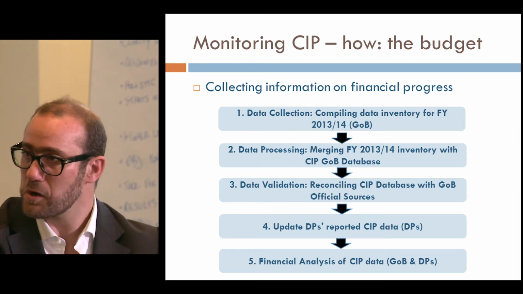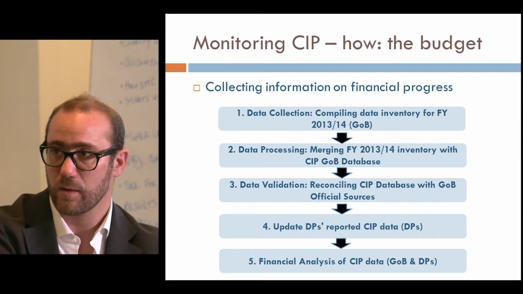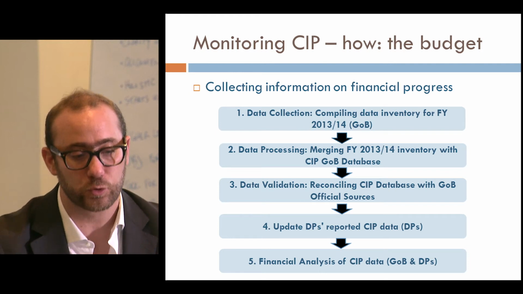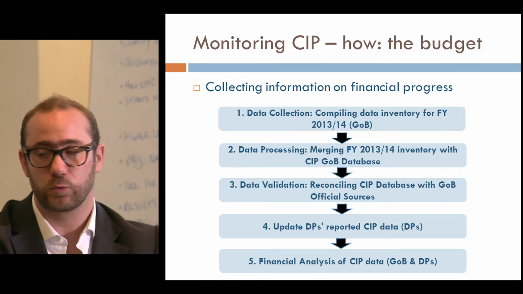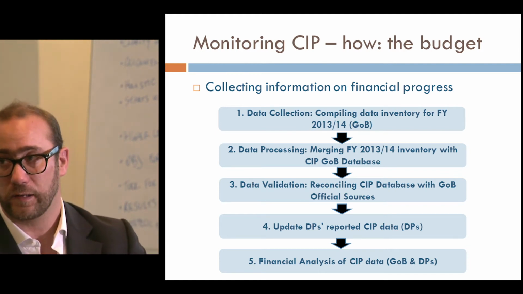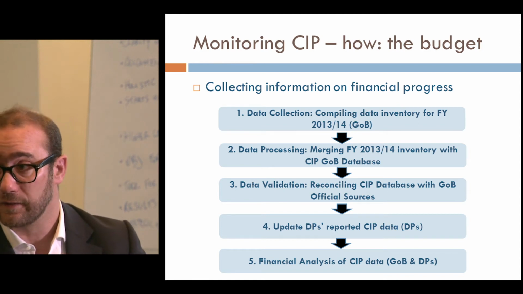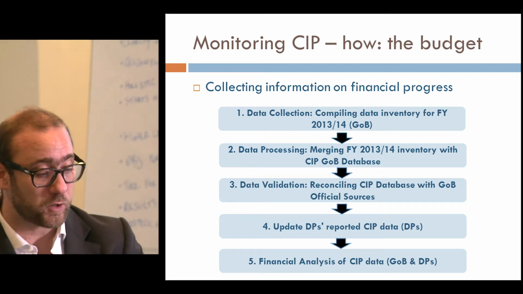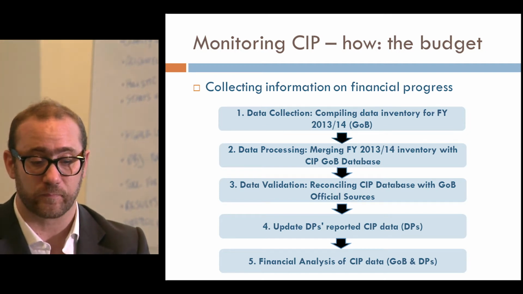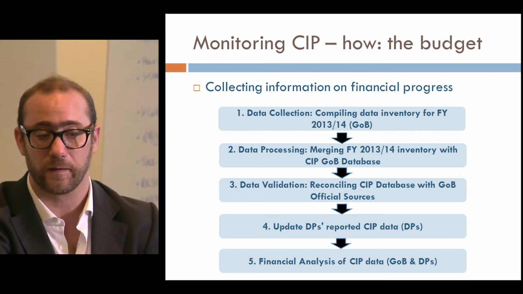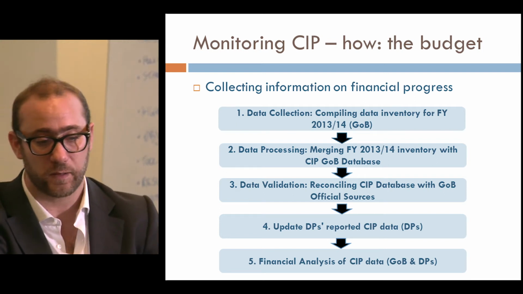I don't need to go into too much detail, but what I want to show with this slide is that we need to very carefully monitor every year the status of the projects, their budget, the expenditures, what the financial gap is, and to what extent we are filling the financial gap. The same thing will be done for donor-funded projects.